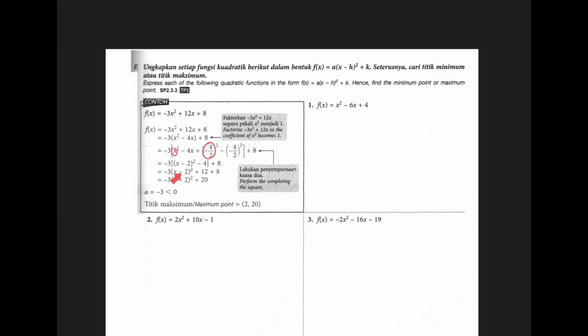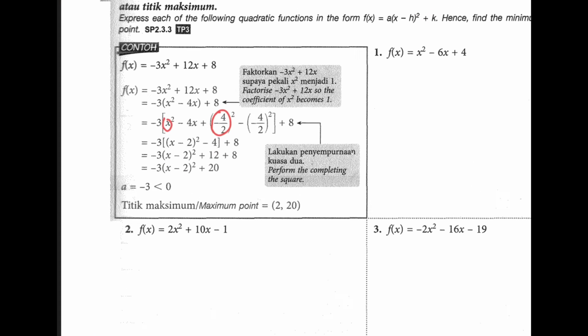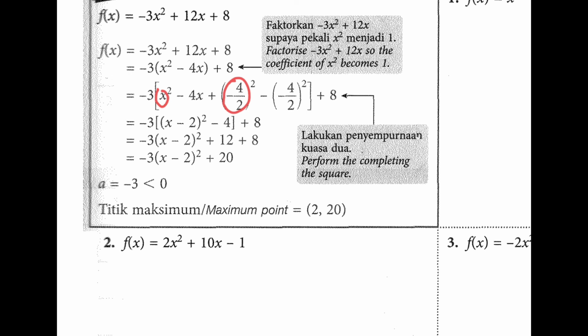Now, like what I explained just now, they multiply negative 3 with this, and negative 3 with this. Why do you need to multiply? So that you can add up with the number at the back later. So minus 3 times minus 4 becomes positive 12, and then 12 plus 8 gets 20.